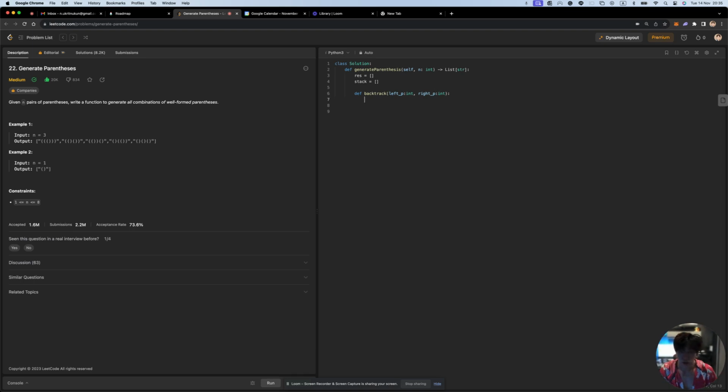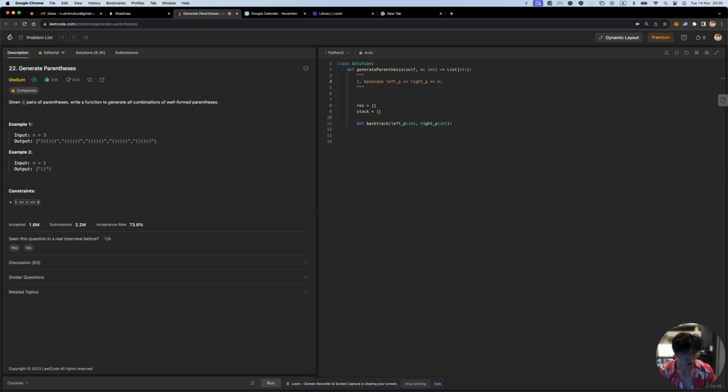Do remember the first three basic principles that we need to understand. I'm going to rewrite them just for you to see. The first one is the base case for recursion: the left parenthesis must be equal to the right parenthesis, and then it has to be equal to n.